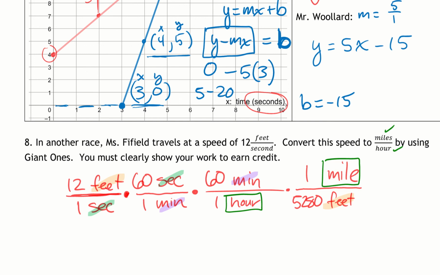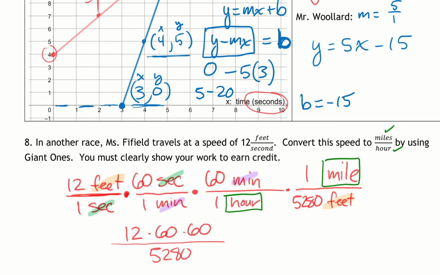So let's do the arithmetic. The arithmetic looks like I have to multiply 12 times 60 times 60. And those are the only numbers that aren't 1 in the numerators. And in my denominator, I've got a 1, 1, 1. But the only non-1 that I have to concern myself with is 5,280 feet.